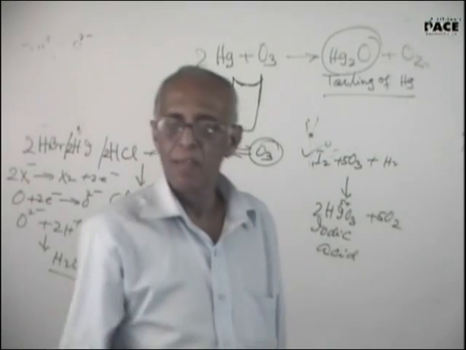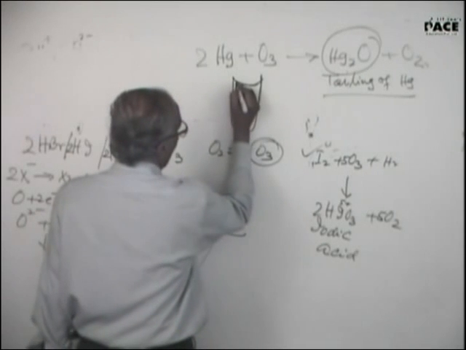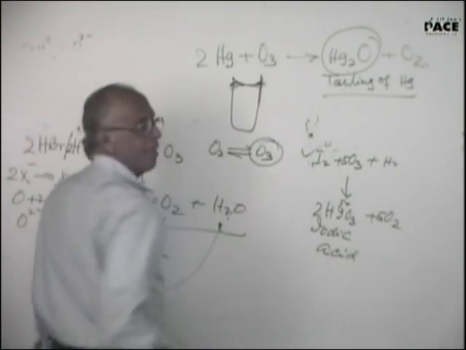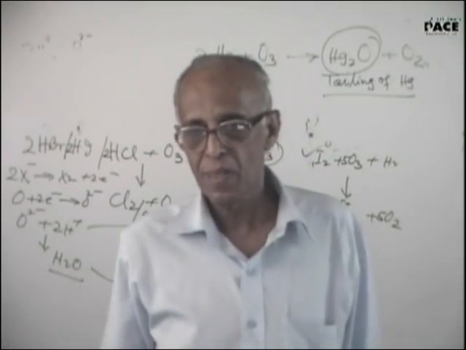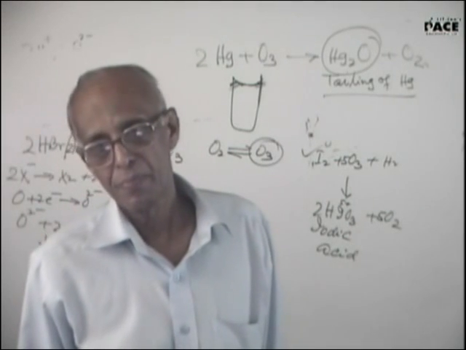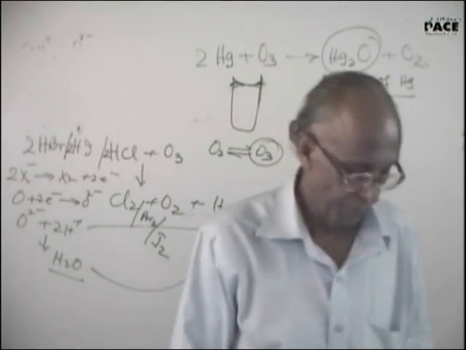If I pass ozone, the mercurous oxide will stick onto the glass surface and destroy the meniscus of mercury. That is known as tailing of mercury due to formation of mercurous oxide.